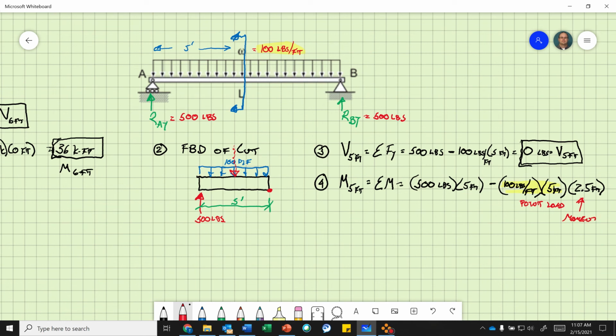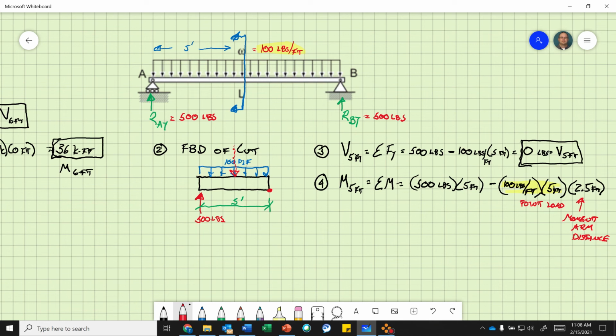So when I calculate that out, I take 100 times 5 times 2.5, that's 1250.